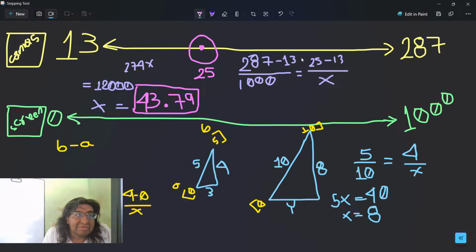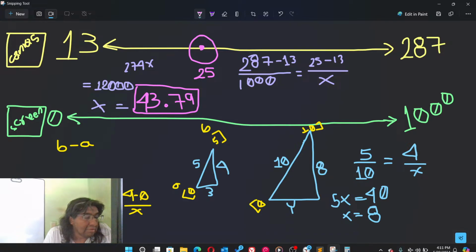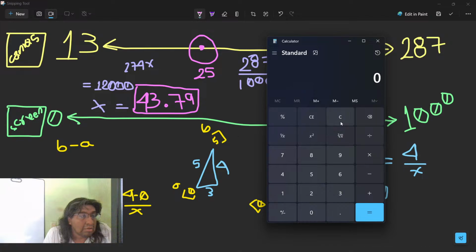And if we use 277 here, 287 minus 13, 274. Oh my God.